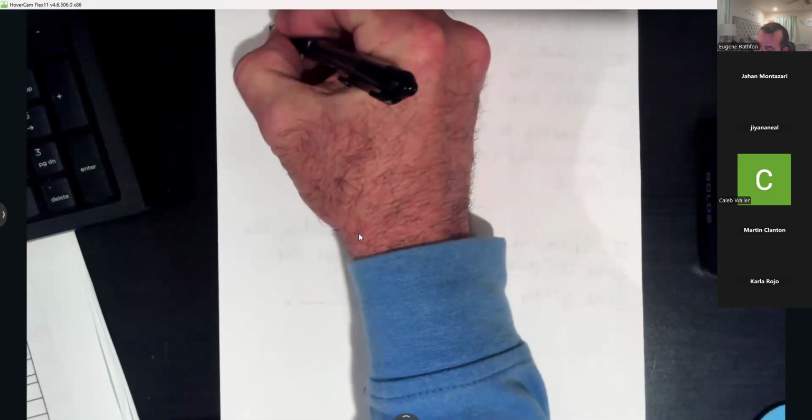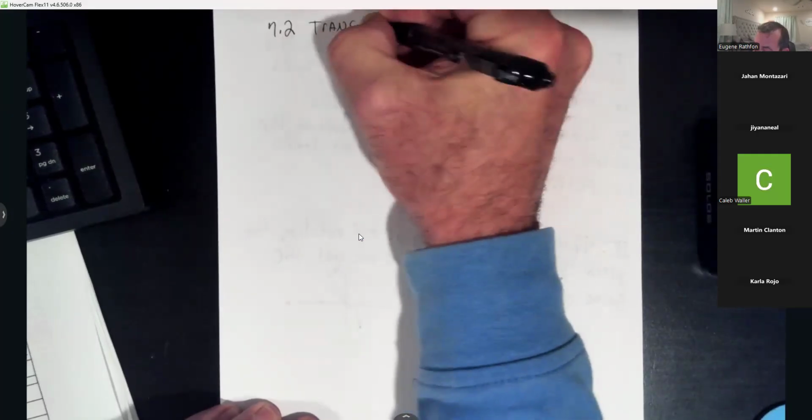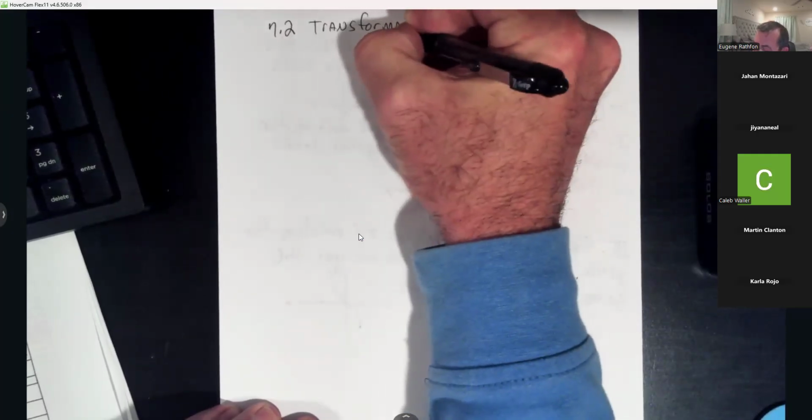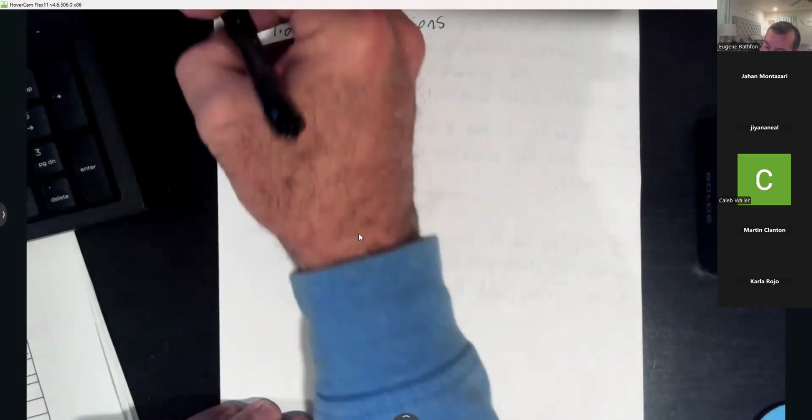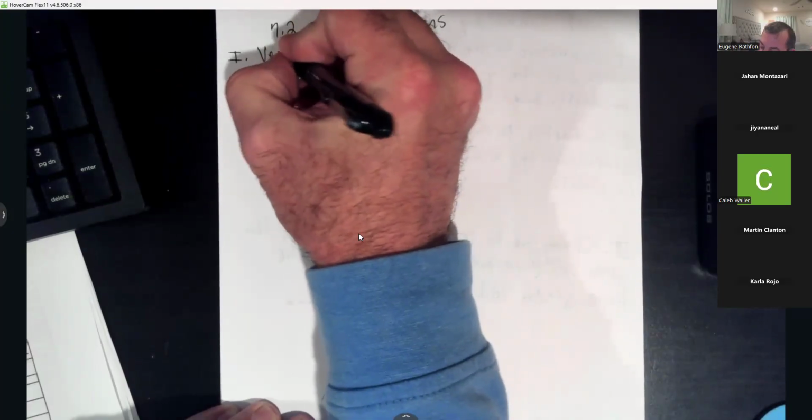All righty, so let's get into 7-2 transformations. All right, so the very first transformation we'll look at is a vertical shift.